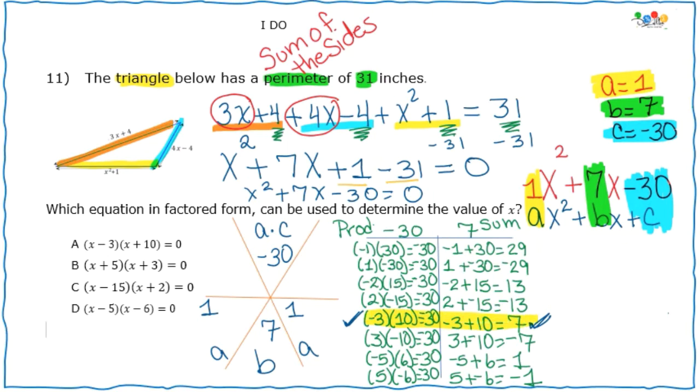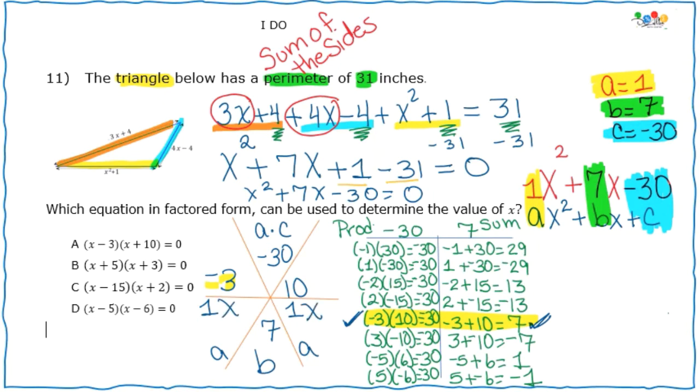So now I'm going to write my answers on my X. So I write a negative 3. Sorry about that. Negative 3 and a positive 10, right? Let's write it down where they belong.